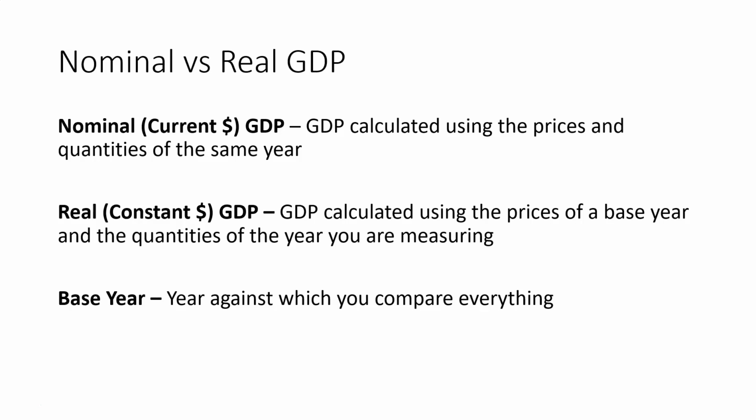Now, please understand, GDP is not a magic number. It's not a perfect number. Our calculations of GDP only include legally transacted goods. So anything that's in the black market, anything that's being illegally transacted does not make it into GDP.